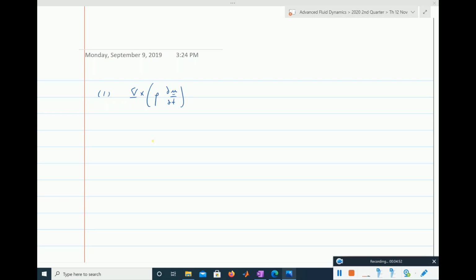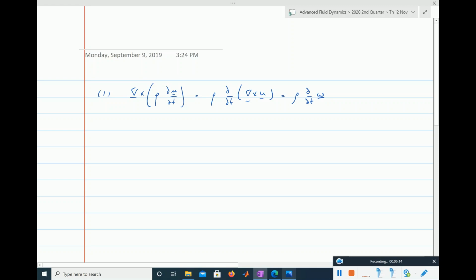We can switch the time derivative with the spatial derivative, and therefore we get rho times partial t of the curl of u, which is simply equal to rho partial over partial t of the vorticity. So we already have the vorticity appear in that term.